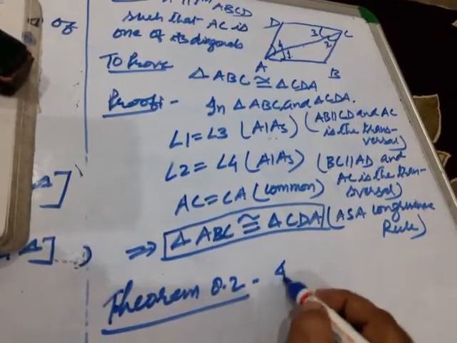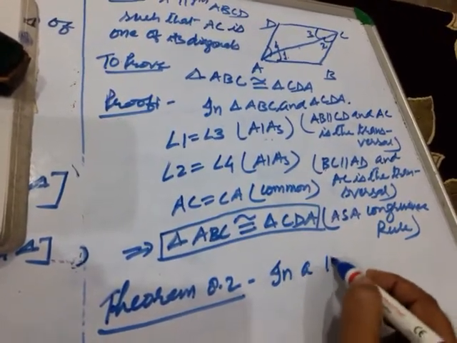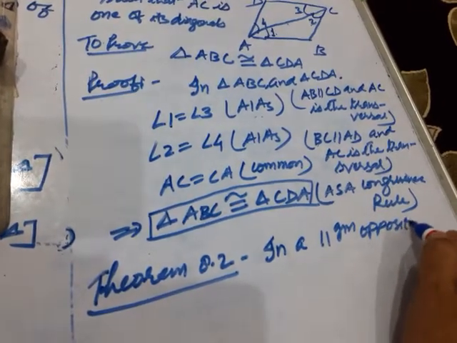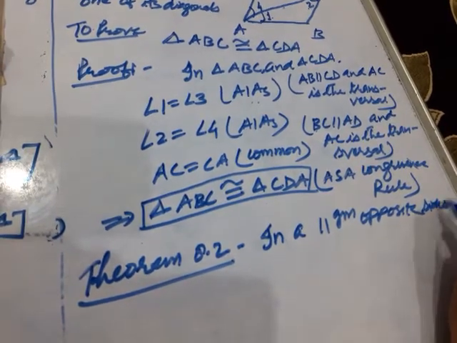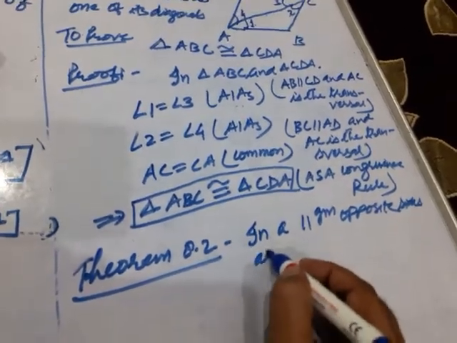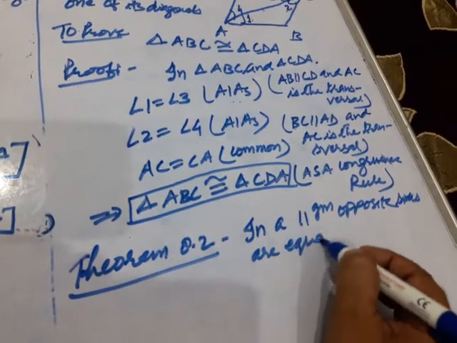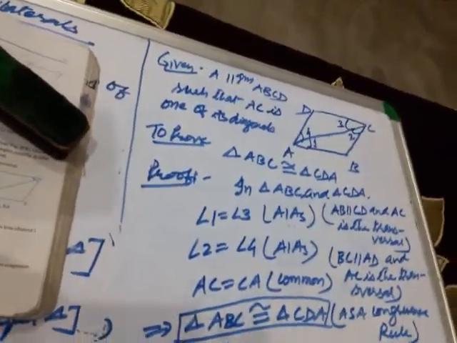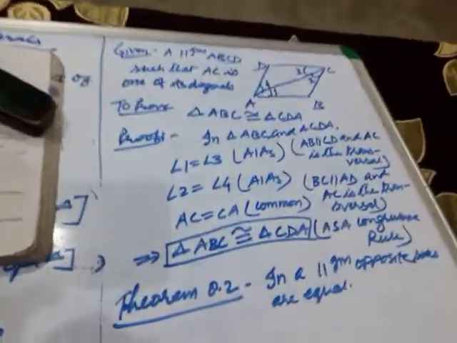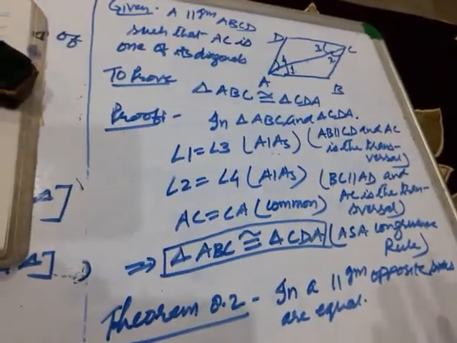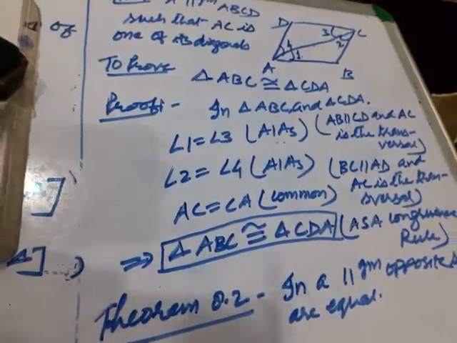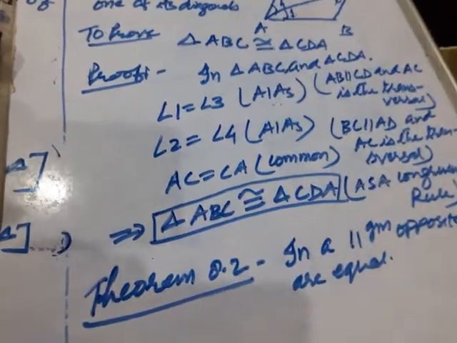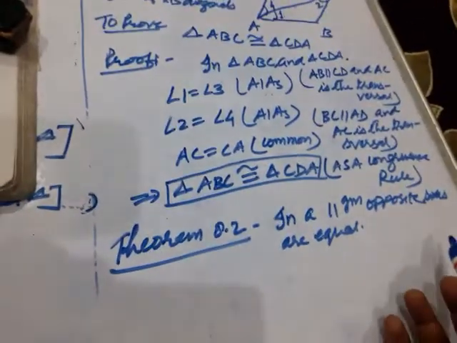Okay, children, till theorem 8.1 we have seen that in a parallelogram, opposite sides are parallel. Clear? Though we know all these properties, we have to prove them. The next theorem: in a parallelogram, opposite sides are equal.